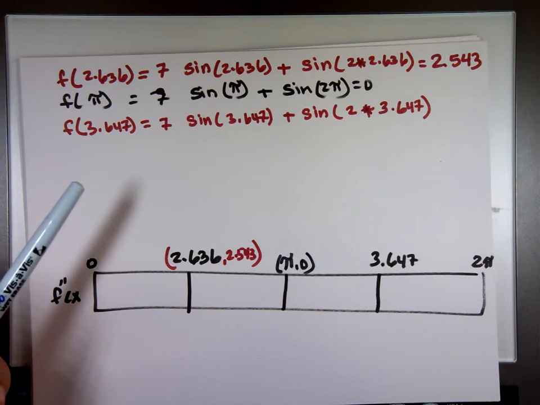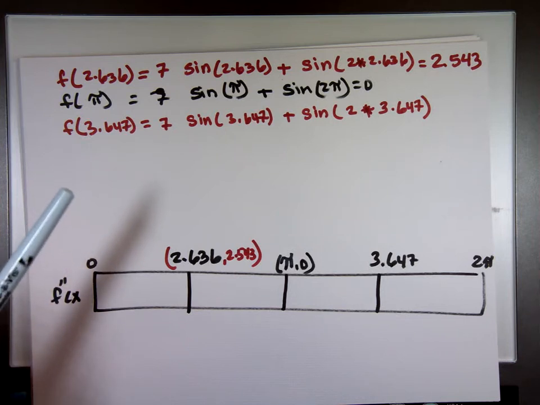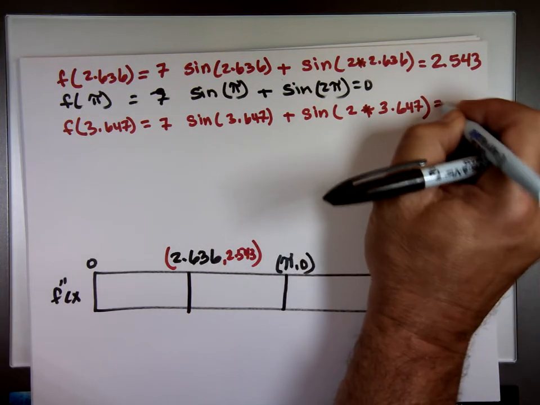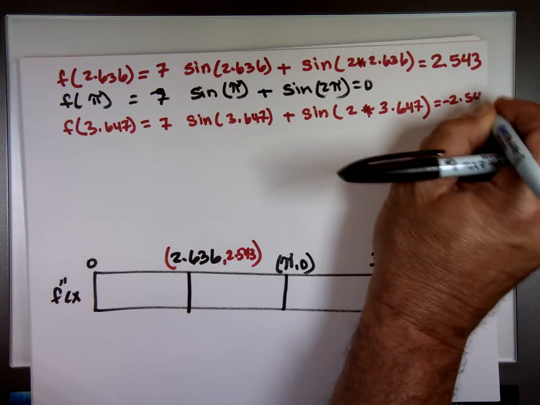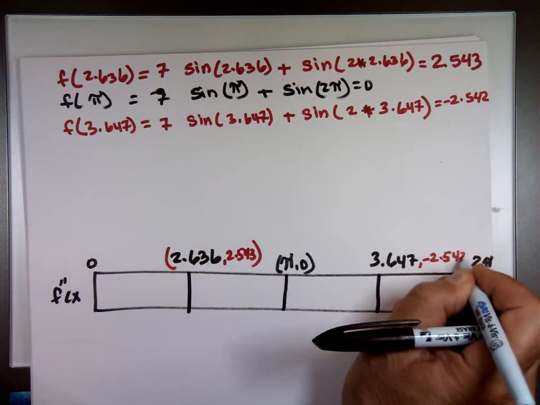The result is negative 2.542. There's my 3 points.